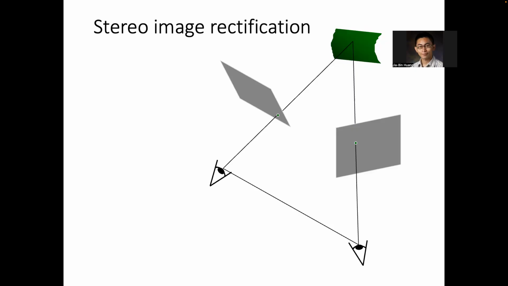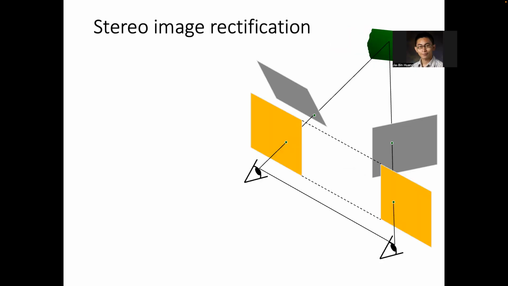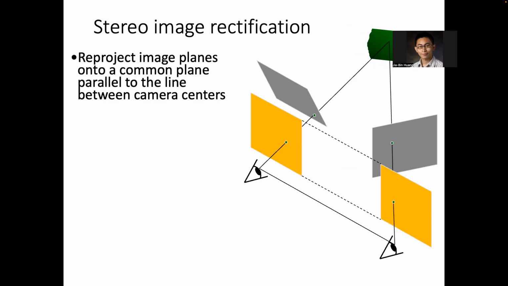So now if the images are not parallel to each other, what we need to do is to make them parallel to each other. Then I know how to do it. Does it make sense? This is called stereo image rectification.